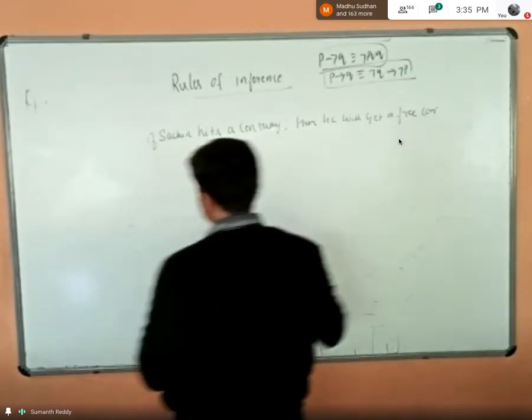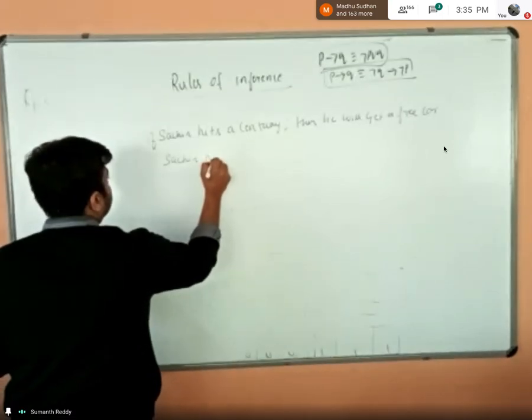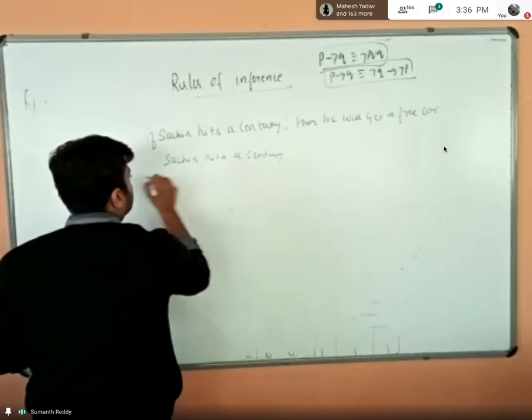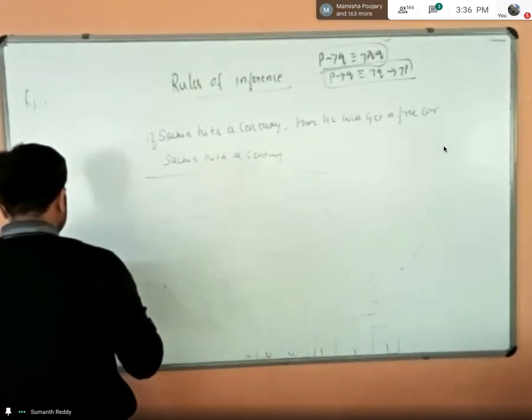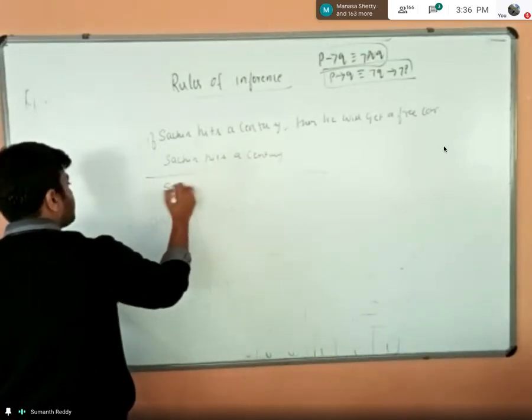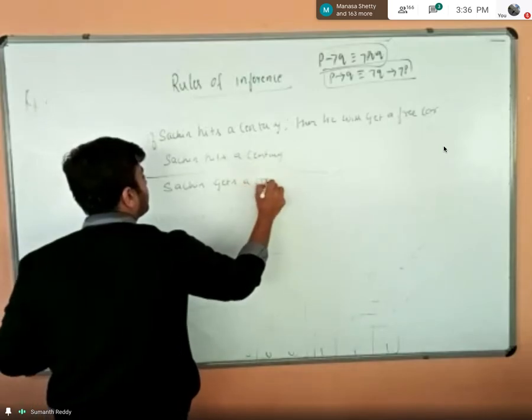That is the first premise. The second one is Sachin hits a century. And the conclusion is Sachin gets a free car.